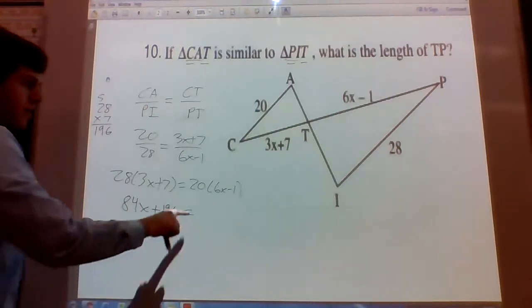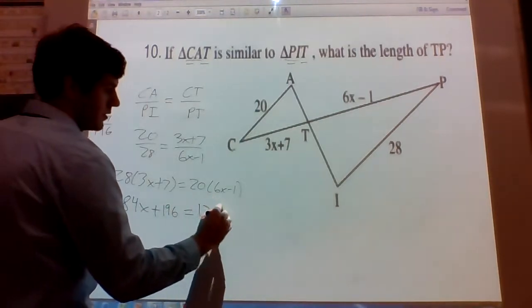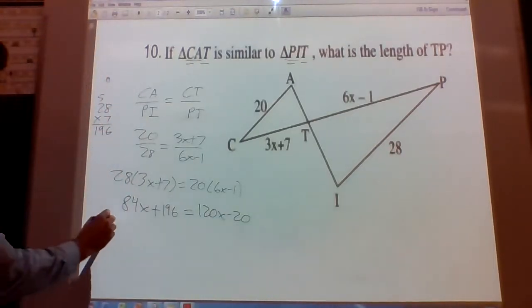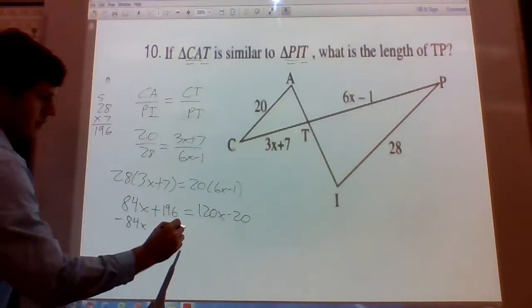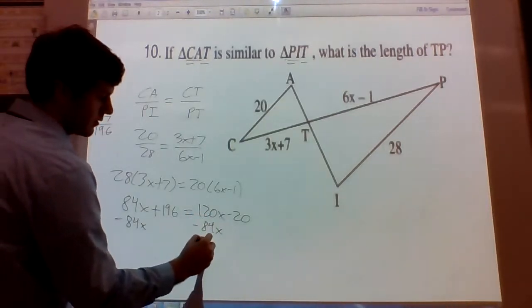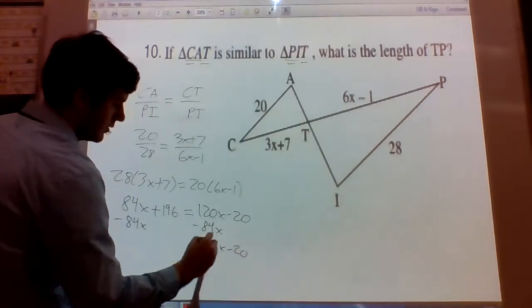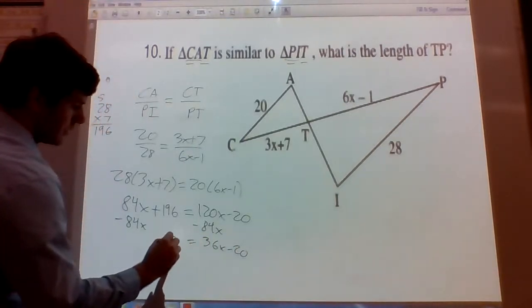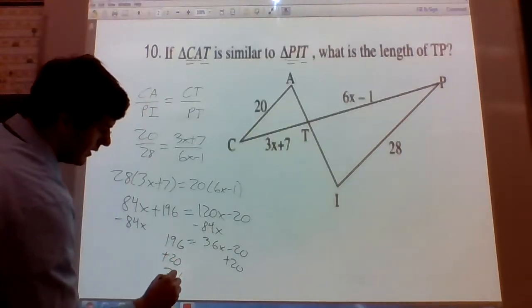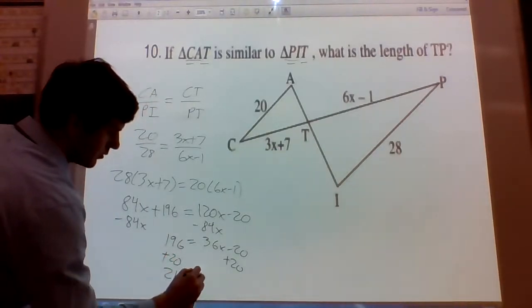Then we have 120x minus 20. Subtract 84x from both sides. We get 36x minus 20 equals 196. Add 20. 216 equals 36x.